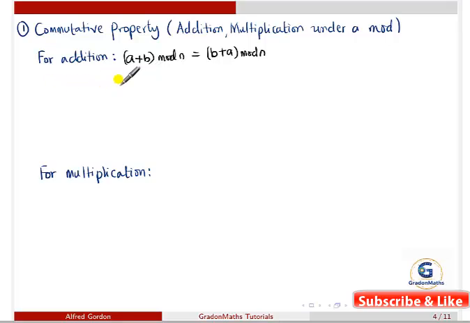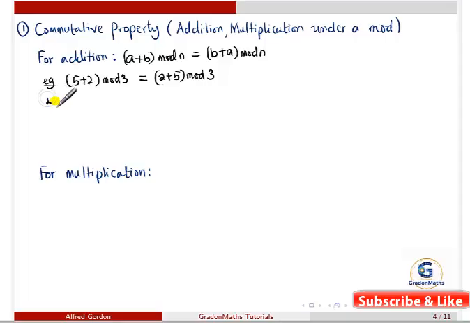So for instance, if I have (5 + 2) mod 3, this should be equal to (2 + 5) mod 3. Okay, so let's confirm this and see if this is really true.